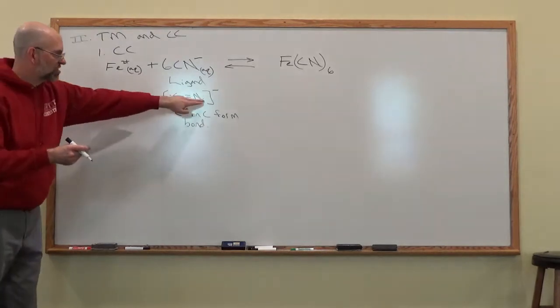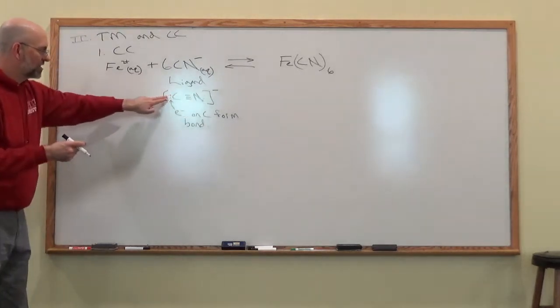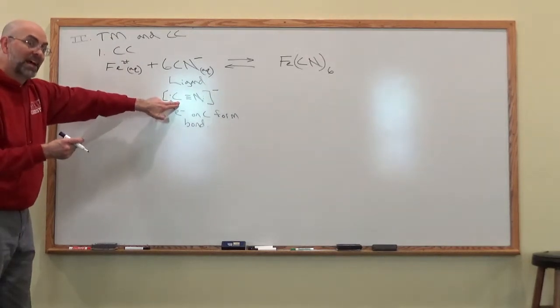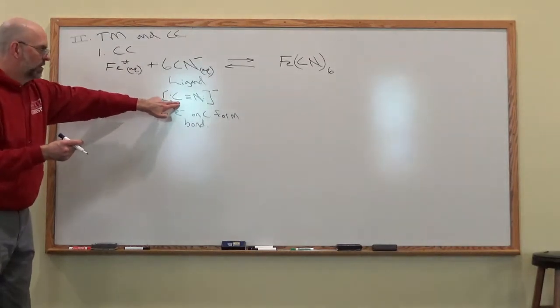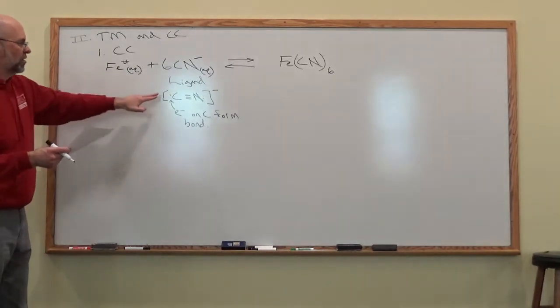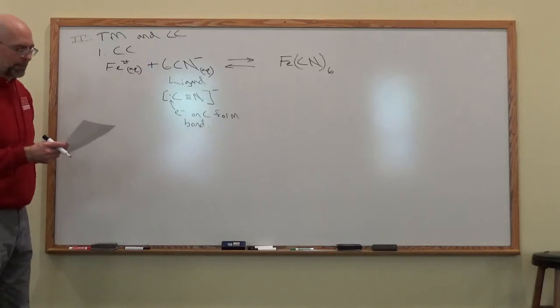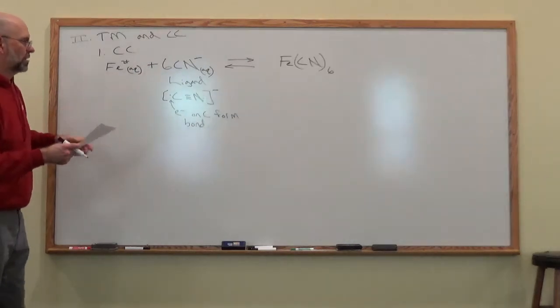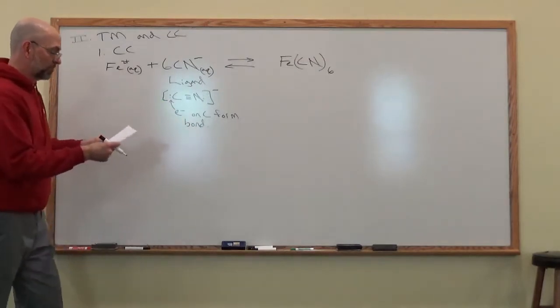Why isn't it the other side? Why isn't it those electrons? Well, carbon is less electronegative than nitrogen. So that's the underlying reason. So these electrons form bonds to that, and I'll show you how you draw that later. And it's really forming a covalent bond.